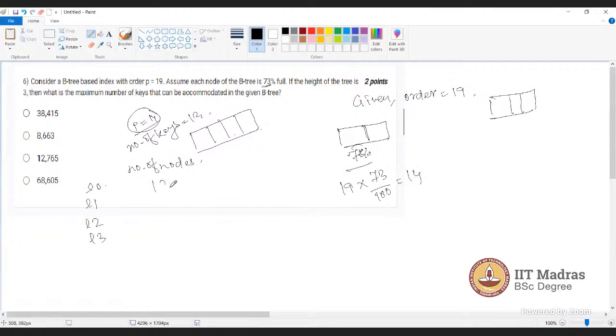And tell me the number of block pointers. 14 pointers, right? So the number of nodes is 1, the number of keys is 1 into 13, that is 13, and 1 into 14 is the number of block pointers.